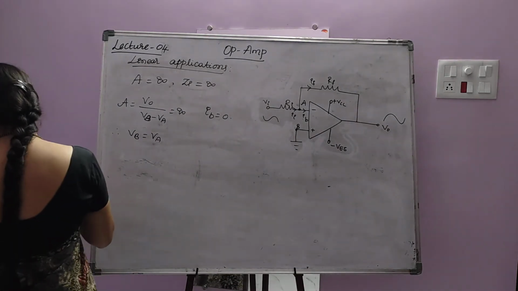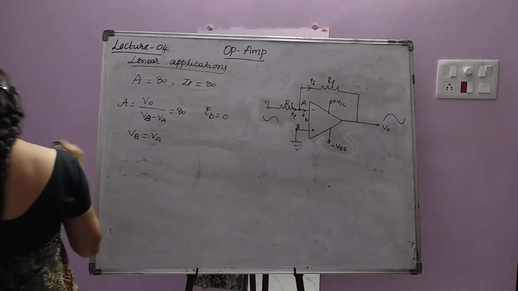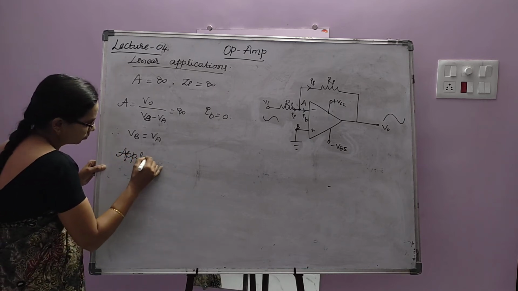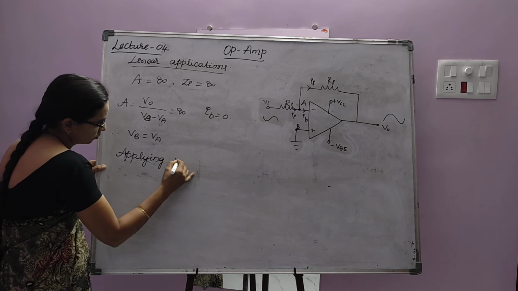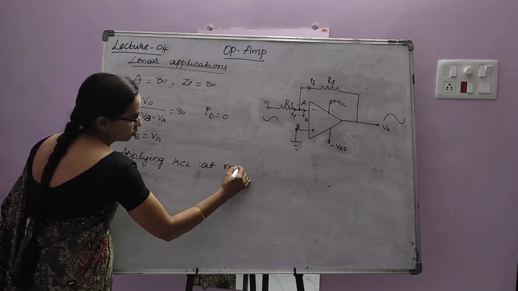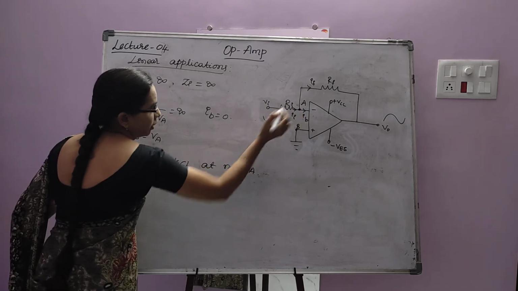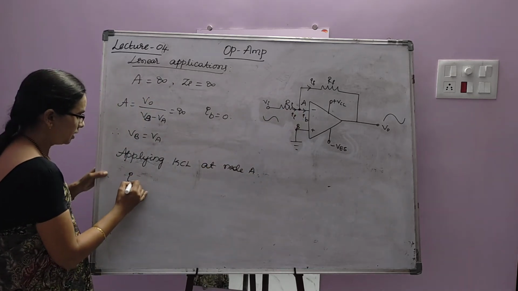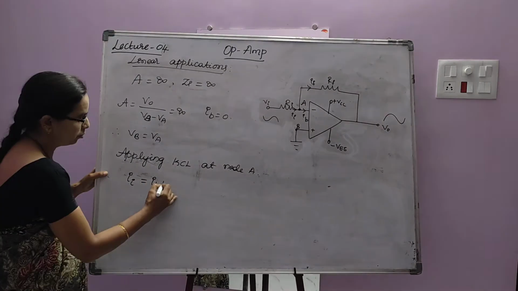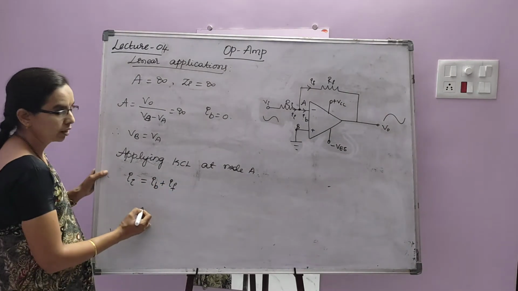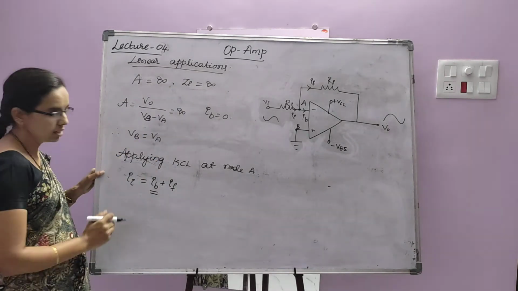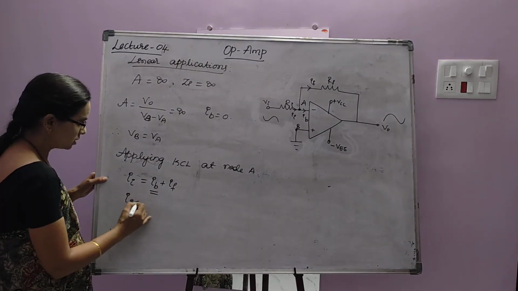So, applying KCL at node A. So IA, the input current, is equal to IB plus IF. As we know, IB is equal to 0, since Zi is equal to infinity, so I can write IA is equal to IF.